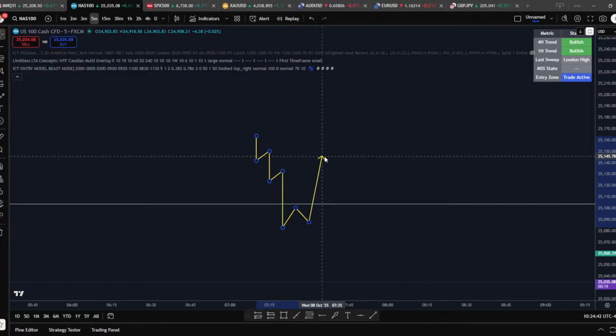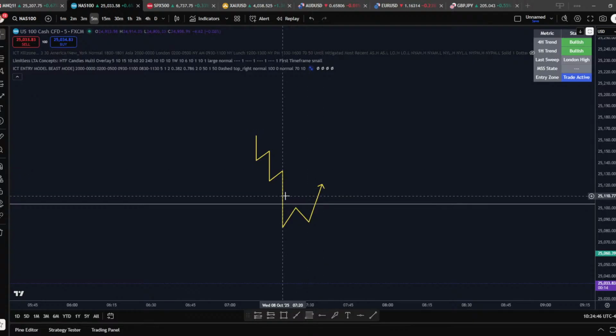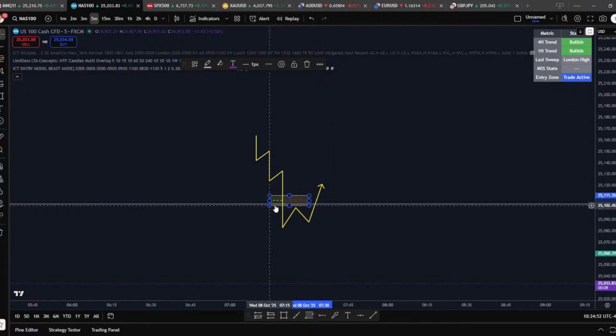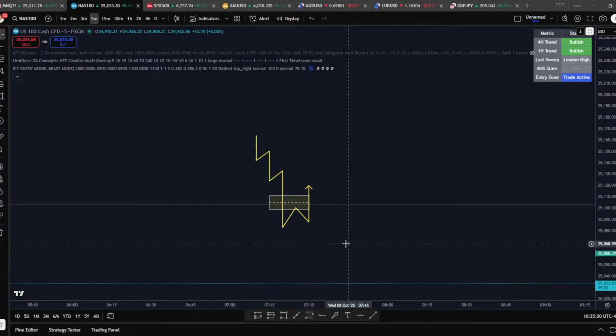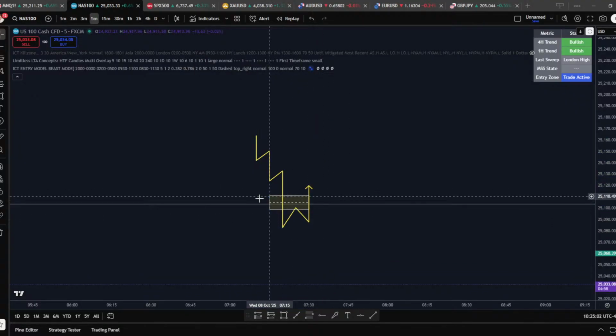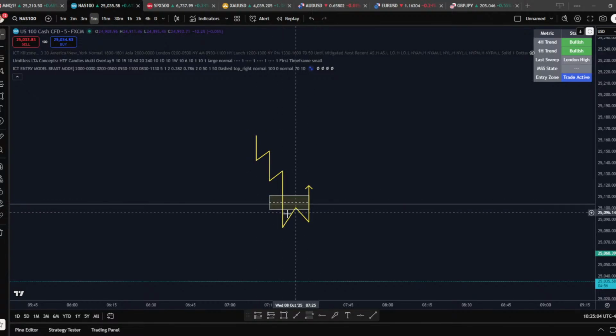Okay. Inverses there. Right. And let's say there's a fair value gap like this on the 1 minute. Okay. It closes here. Right. There's no other fair value gaps. There's no nothing. There's just a 1 minute fair value gap. Right.